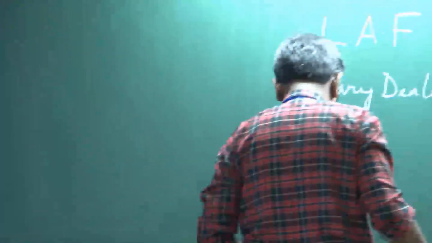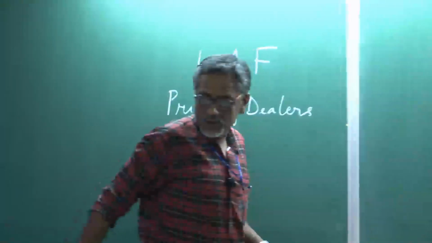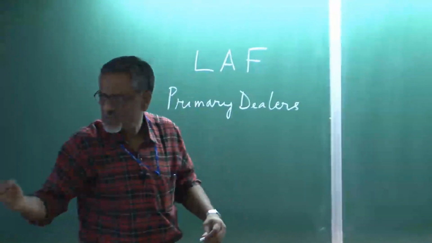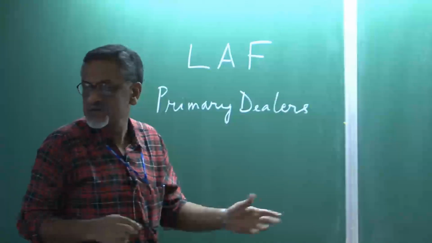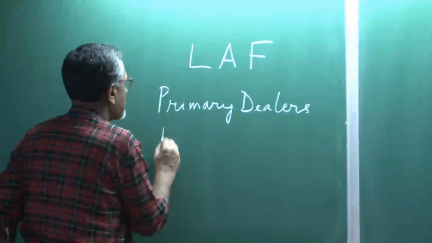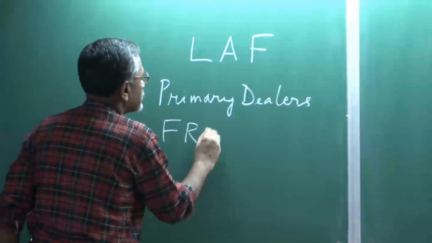And then in 2003, there was the famous FRBM Act, 2003. I'm not going to crowd your mind with too many of these details, but I'm just mentioning it as general knowledge. This is a very important one.